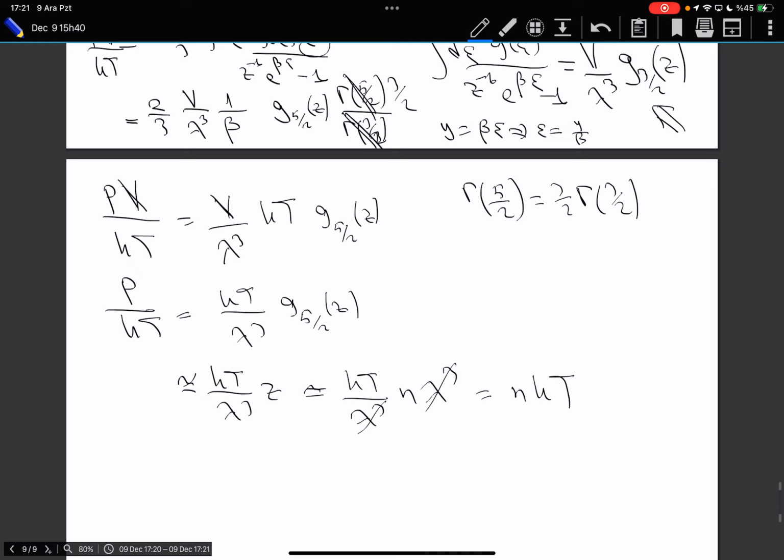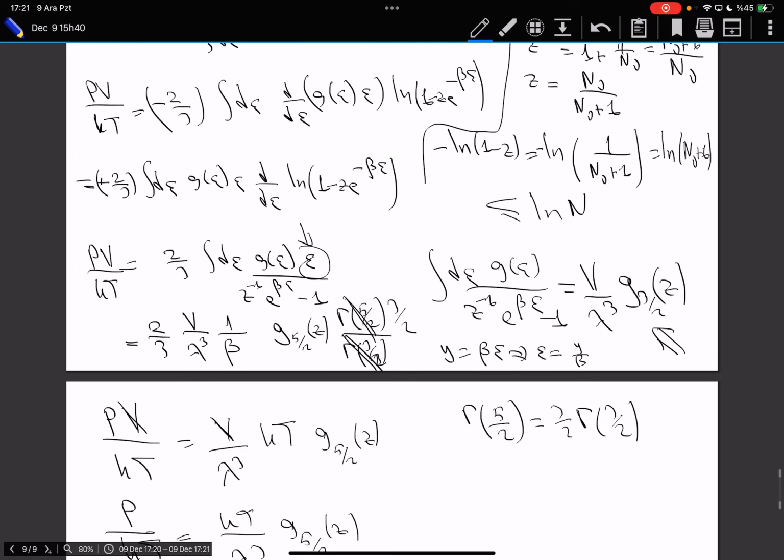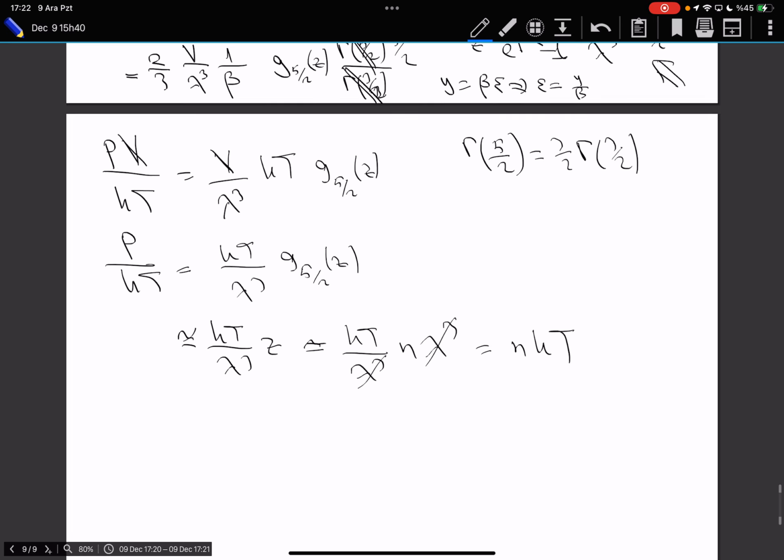As I said, I don't like the KT in the front. Okay, I missed a factor of KT somewhere in my derivation.